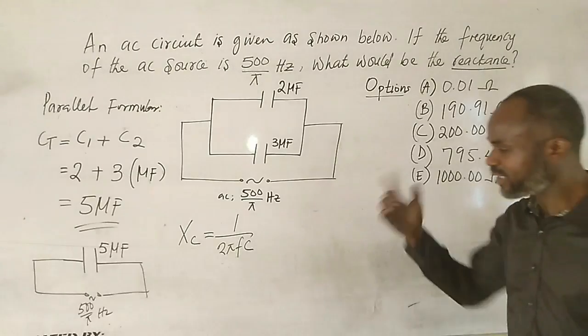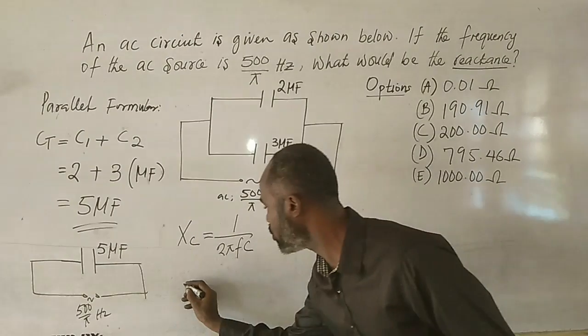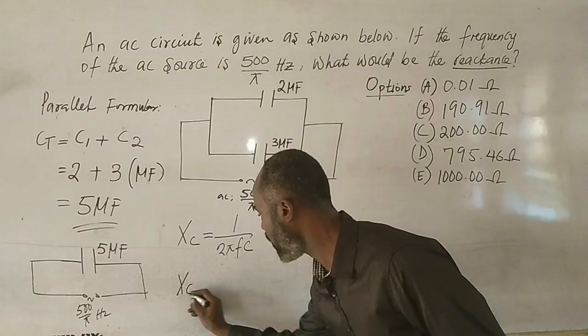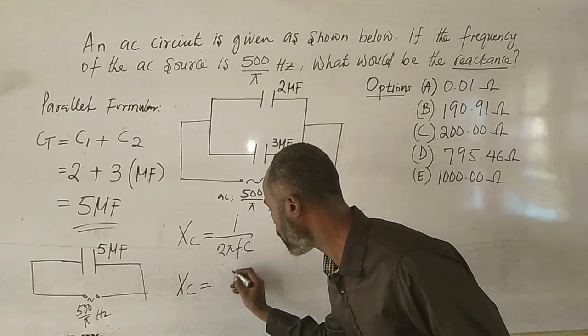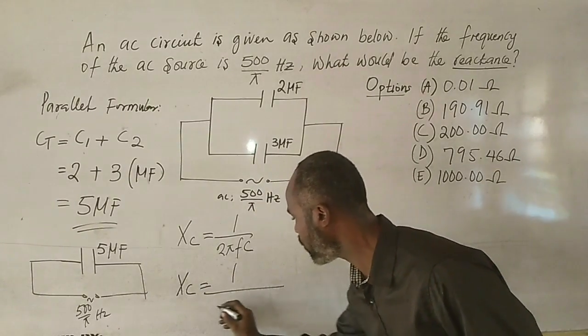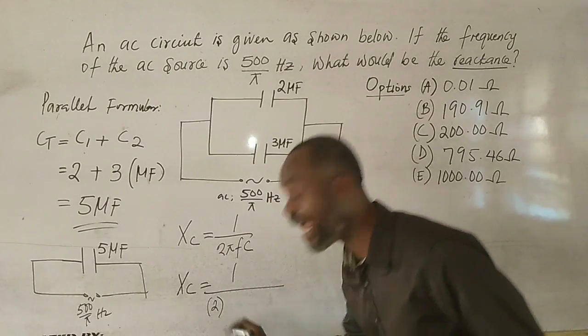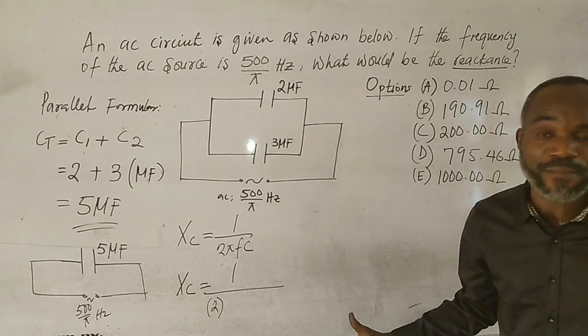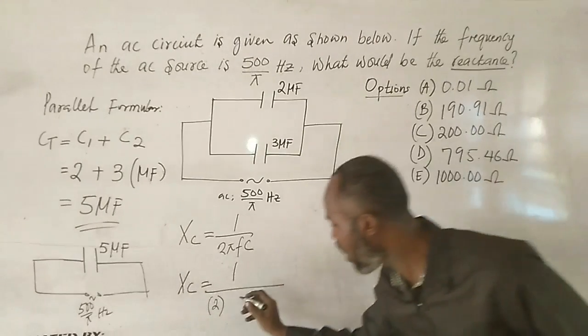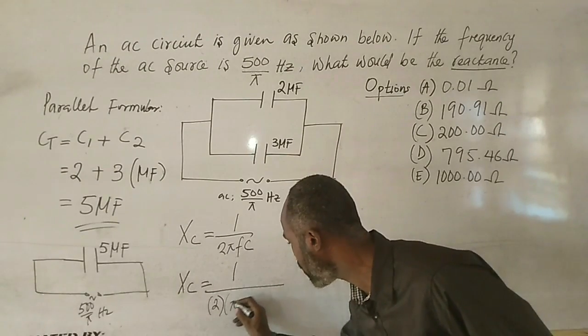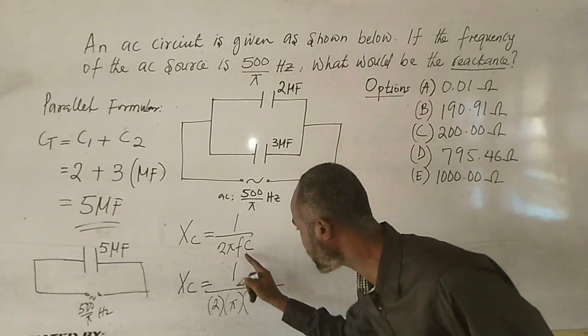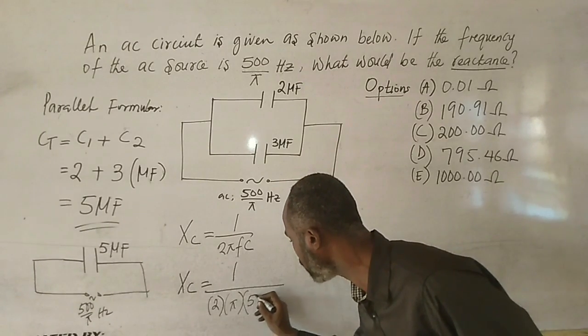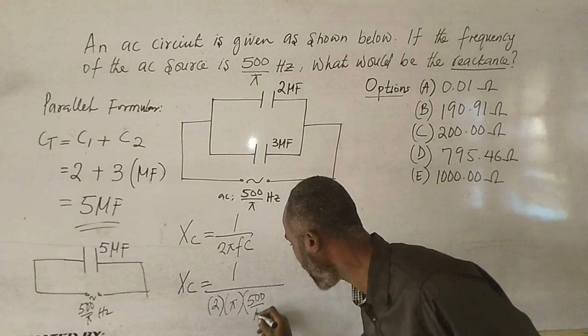So let's quickly do that. We continue with our formula. Capacitive reactance is equal to 1 all over 2, and we put everything in brackets to avoid confusion. Then pi remains pi, and for frequency F we now have 500 all over pi.